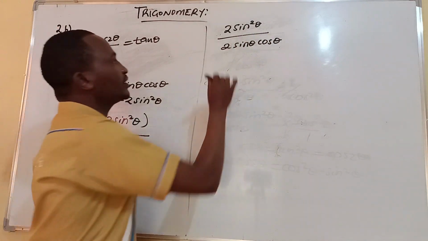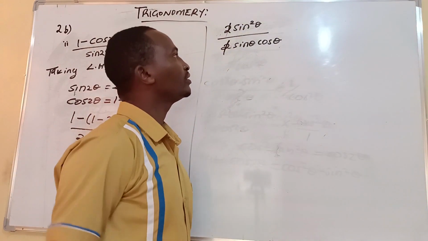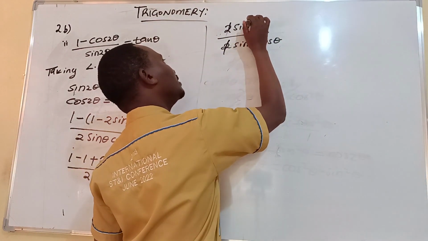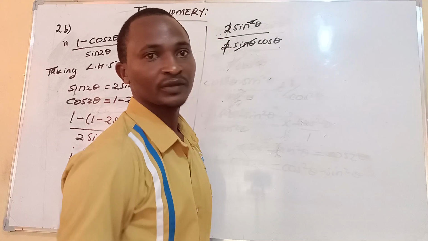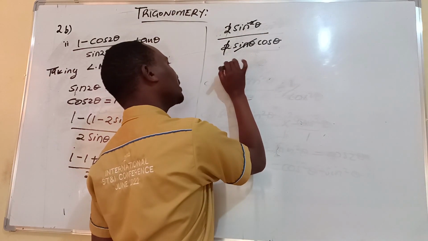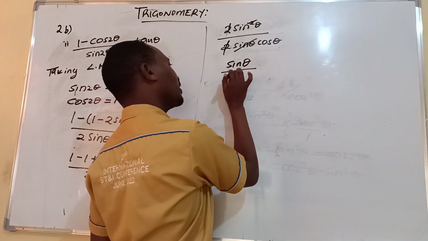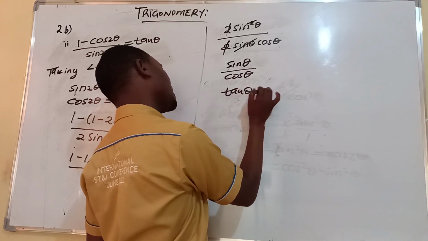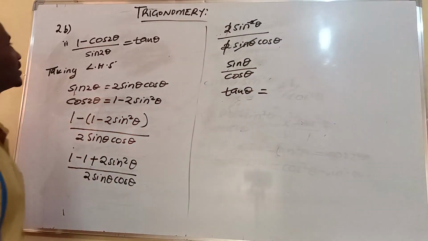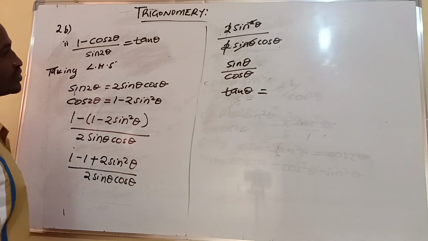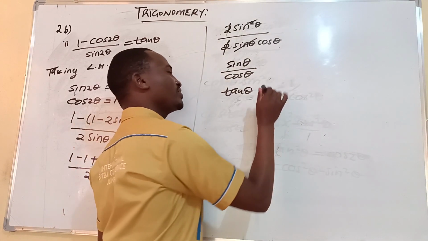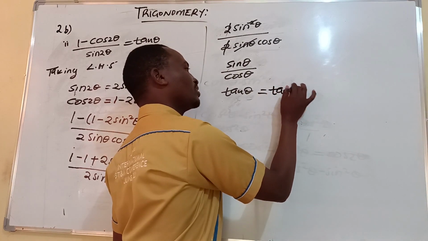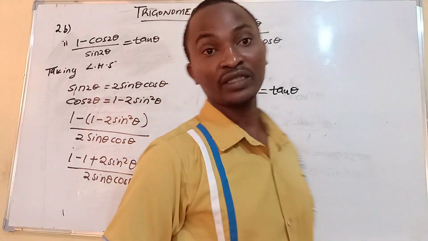So the 2 will cancel the 2. One of the sine terms here will cancel with this sine term. So finally we have sin theta over cos theta, which will give us tan theta. So we can see the left hand side has equated with the right hand side, which is also equal to tan theta. So that's how we go about that.